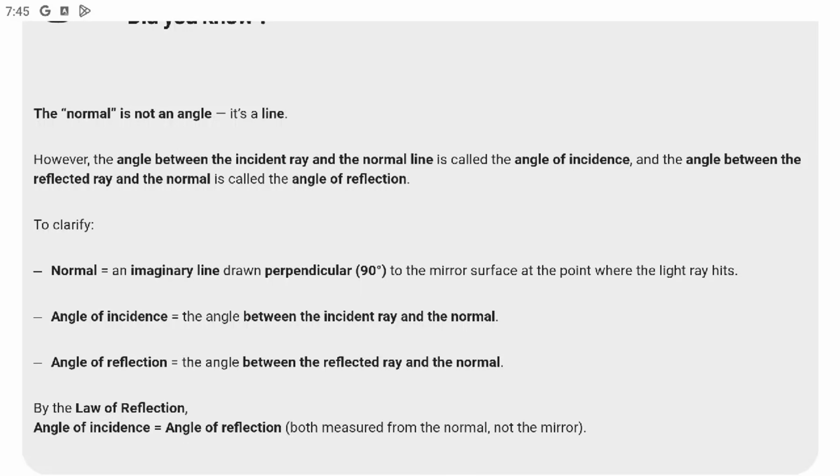However, the angle between the incident ray and the normal line is called the angle of incidence, and the angle between the reflected ray and the normal is called the angle of reflection. To clarify, the normal is an imaginary line drawn perpendicular, at 90 degrees, to the mirror surface at the point where the light ray hits.